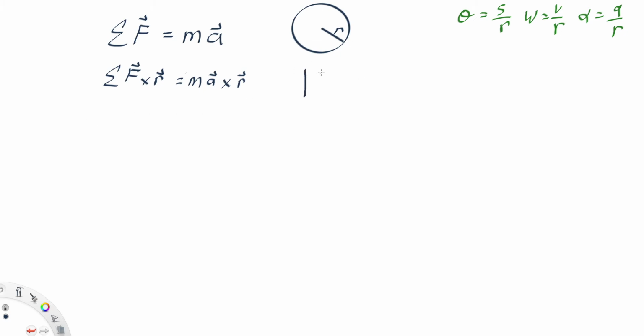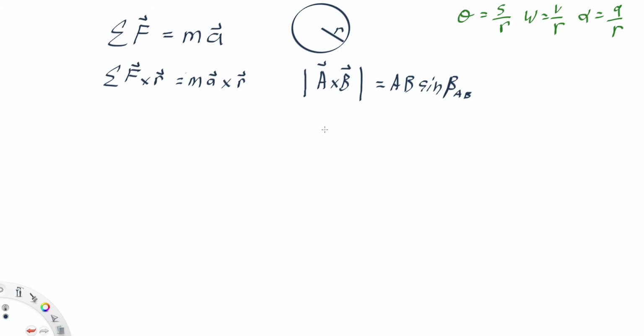A cross B is a vector, and the magnitude of A cross B is equal to AB sine theta, where theta is the angle between A and B. Actually, since we're using theta for something else, let's use beta, where beta is the angle between A and B.